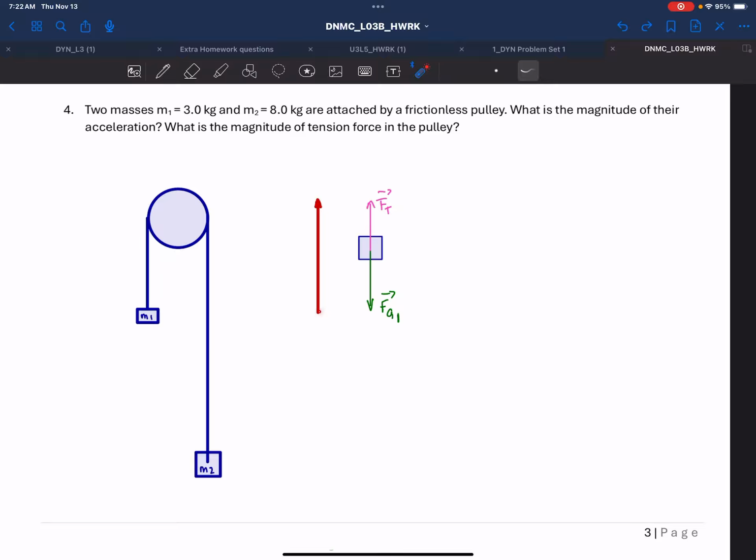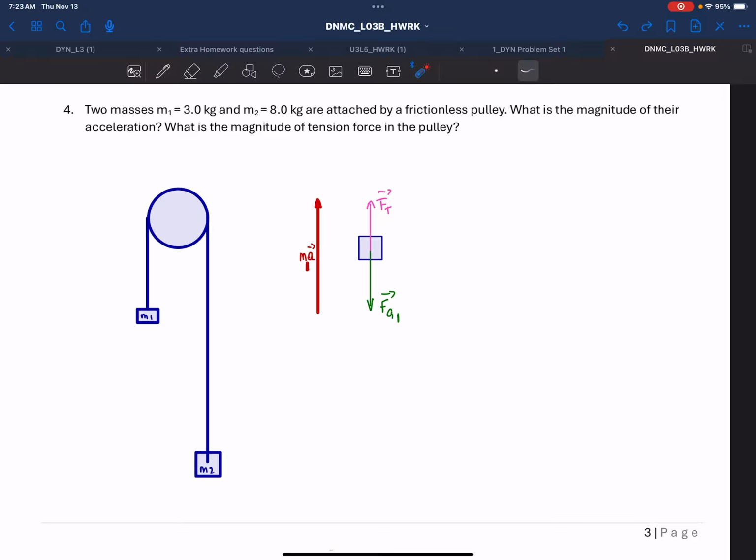The direction of the motion will be up because this is the lighter weight, which means that the resultant force, or the net force of gravity and tension, will make this object go up. The way we measure that net force is M1A. So M1A will be the force that will bring the mass up.